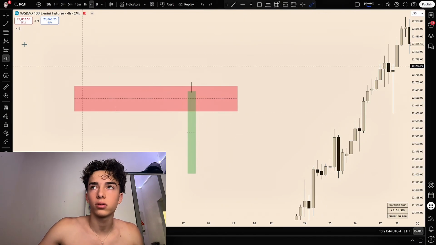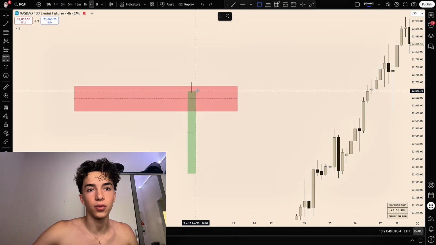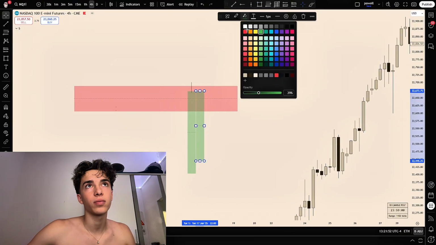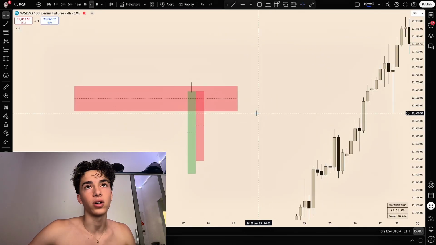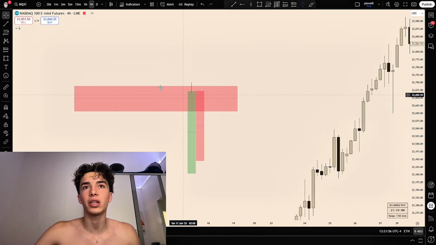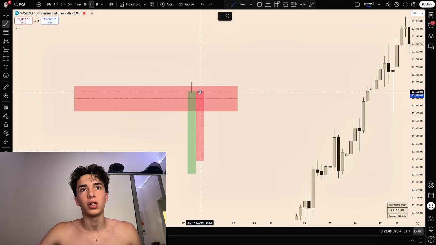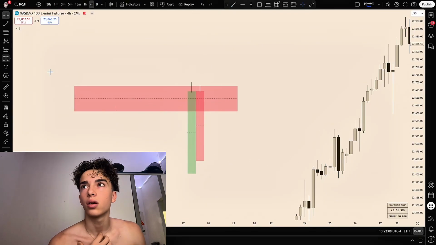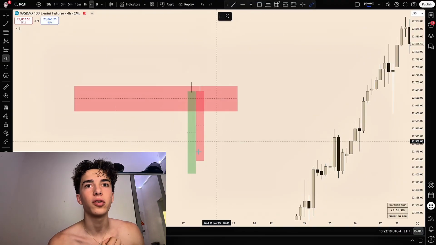Also, we waited for the second candle. The second candle was bearish and respected it, also with the wick like this. What do we do? We wait for the retest.